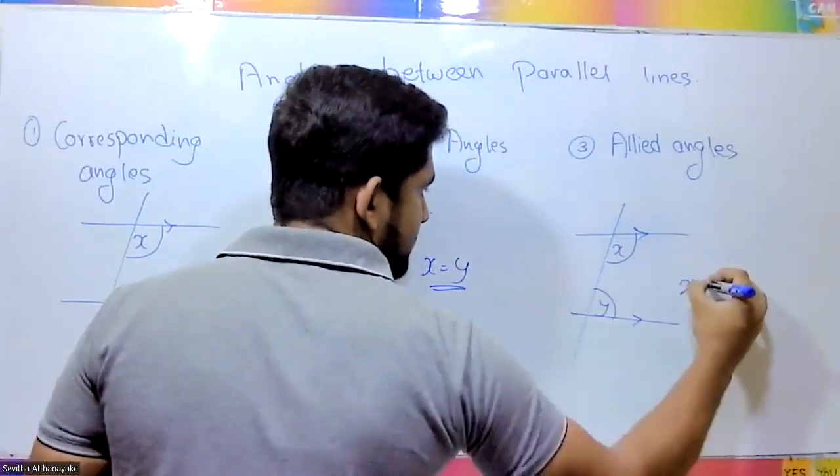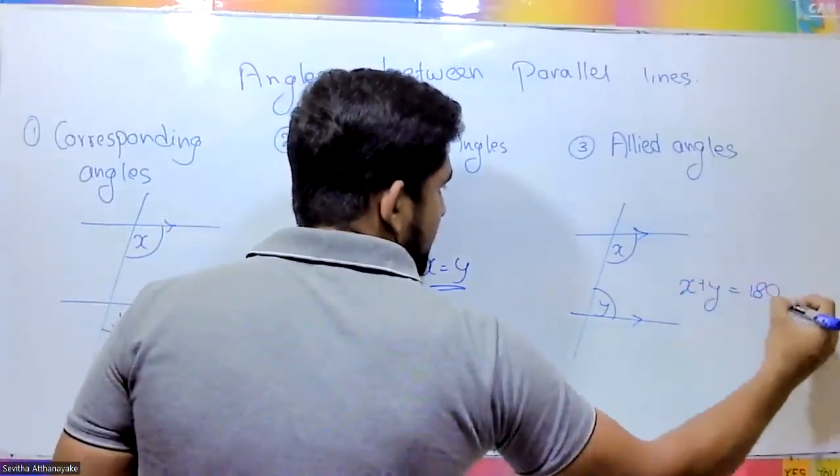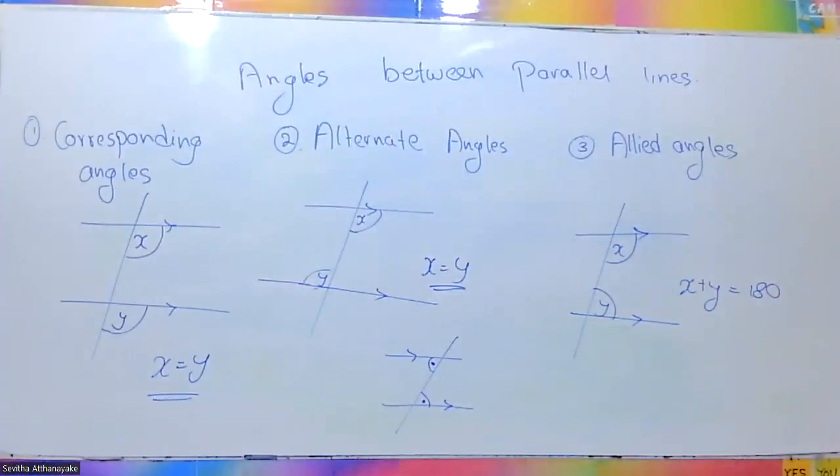Then x plus y equals 180 degrees. Write down quickly. Draw some small figures. You can use highlighters or marker pens, anything you want.